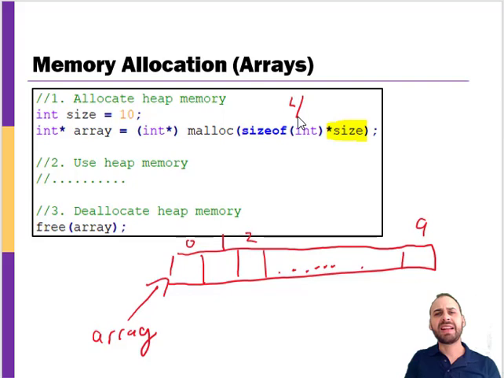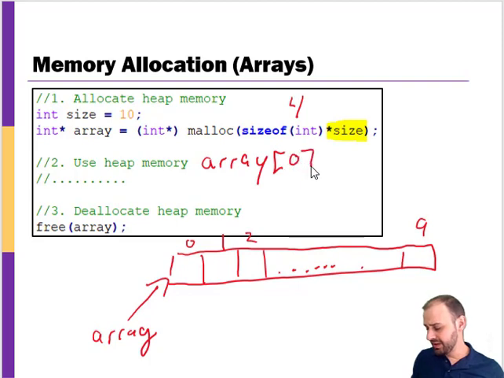If you understand that, after that point, things work just the way that you would kind of expect. When we're done using the array, we want to free it by just passing in the address of the start of the array. That will free the entire block of memory that stores the entire array. And to use an array, we deal with it just like we've seen before: the array, then whatever the index is, and then whatever value you want to write.